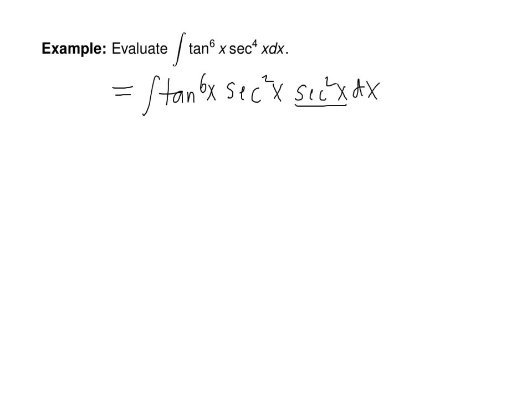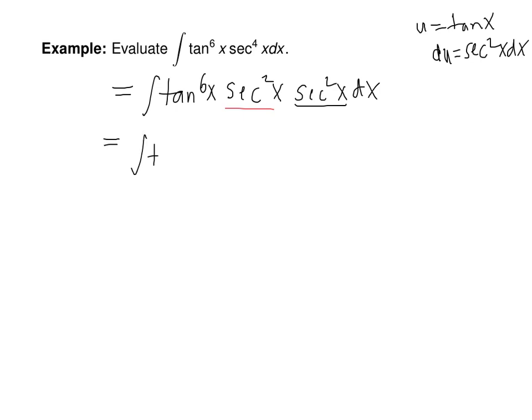Now we save one of those secant squareds to be the du. If we let u equal tan x, du is secant squared x dx. And using the Pythagorean identities, we can manipulate secant squared x into tangent squared x plus 1.